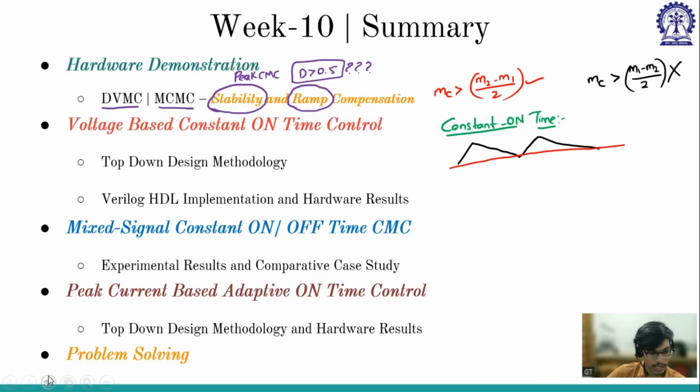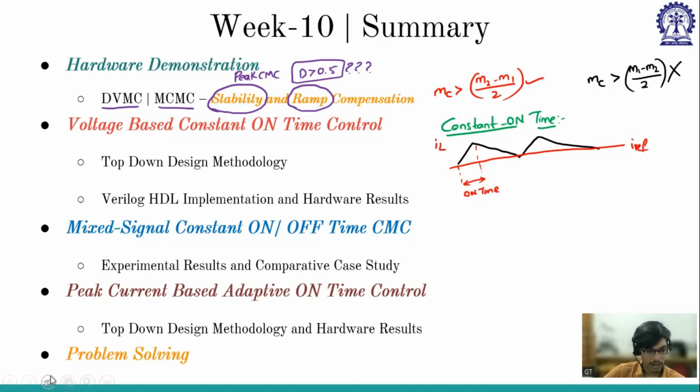So here again the issue is, after on time, I will turn it off. So after on time, I will turn it off for that amount of time until it hits the I reference. So this is the I reference and this is the IL.